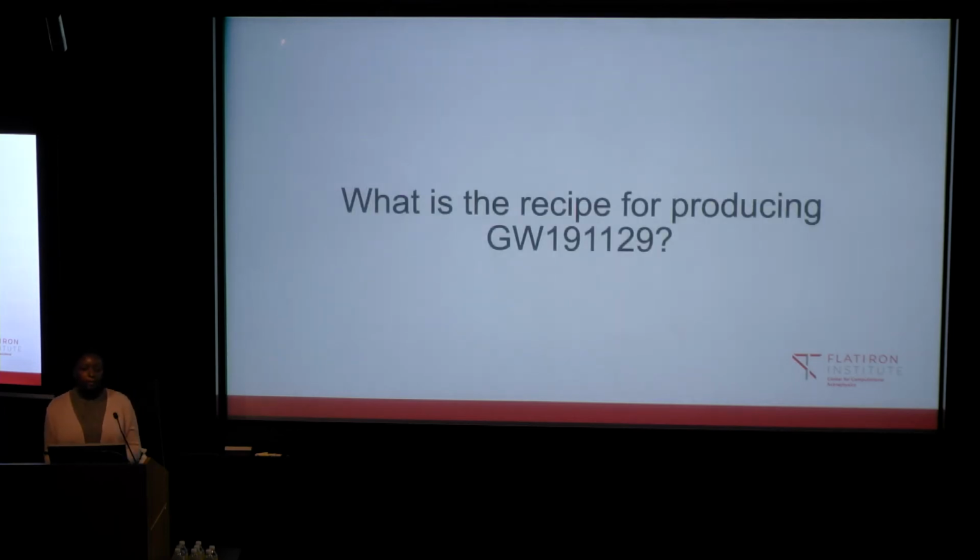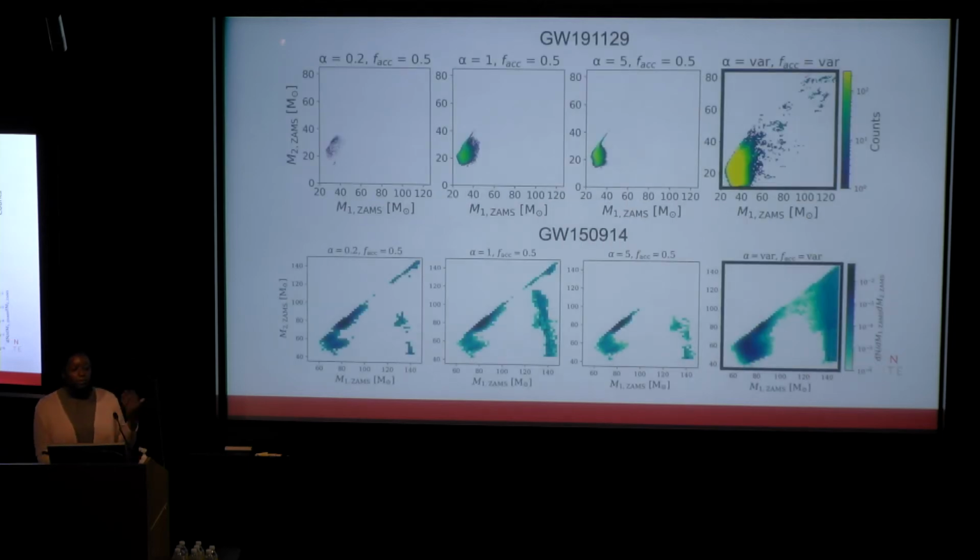So in our study that we looked at this summer, we wanted to figure out what is the recipe for producing GW 191129. This is our event of interest again. And here's what we found after simulating our binary population for our event. So at the top, we have GW 191129, and it has the exact same setup as 150914. We, of course, included the one at the bottom just for reference, because again, the method has already worked on this one.